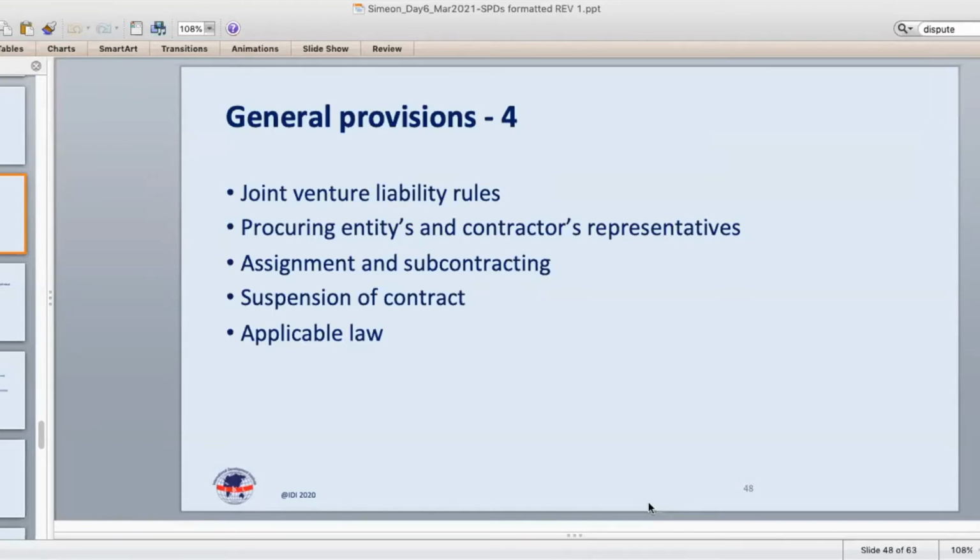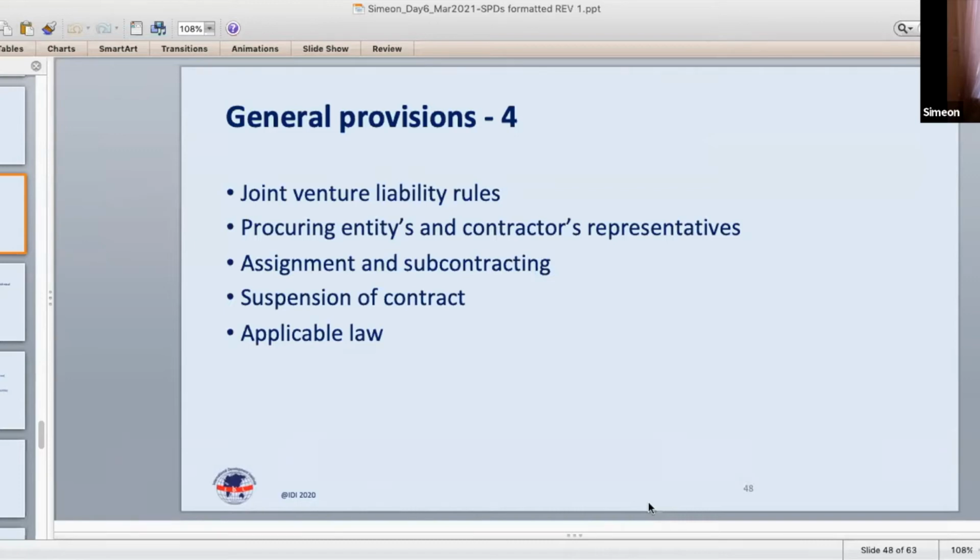So some more examples of general provisions in the contract. There's the joint venture liability rules, which is essentially the rule of joint and several liability of the joint venture as a whole, and each individual member of the joint venture, for the performance of the procurement contract.